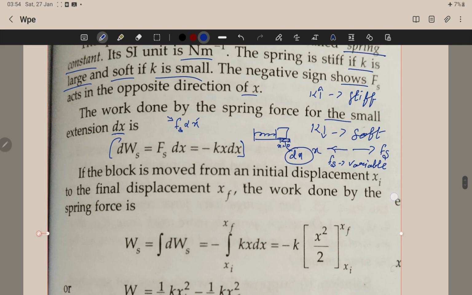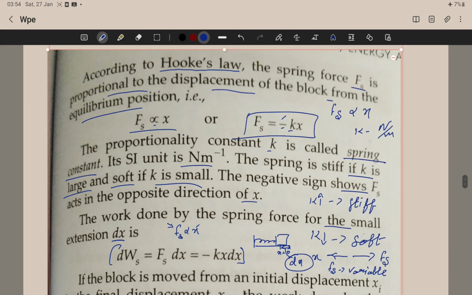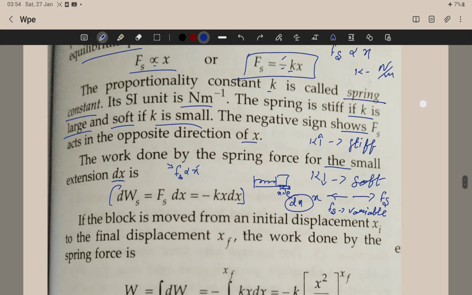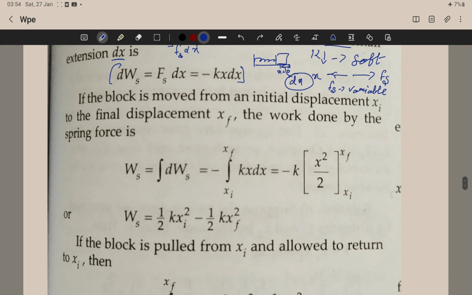So here we have to use integration. First of all, for integration we have to find the small work done. So small work done is equal to Fs into dx. Then we put the value of Fs, it is minus kx dx.